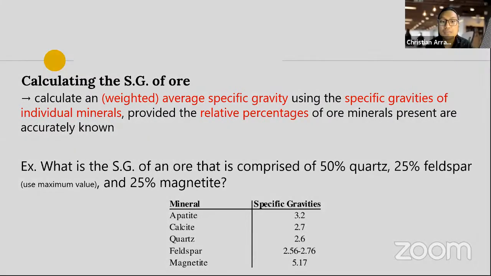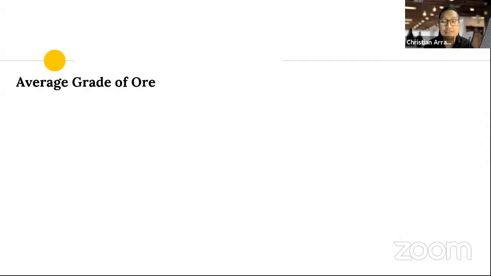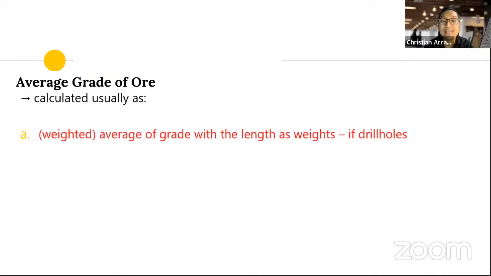Okay? Now, for getting the average grade of ore, it's the similar procedure. Weighted average din siya. Ang nag-iiba lang yung weights, okay? Kapag ang binigay ay mga drill holes, if you're getting the weighted average grade of the drill holes, you use the lengths as the weights.